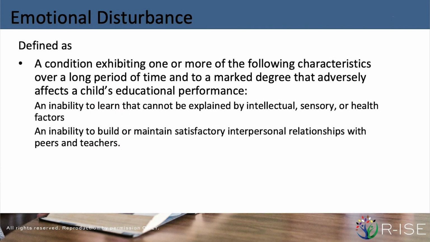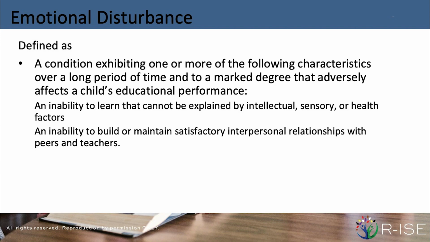For a child to be identified with an emotional disturbance, a child must have a condition exhibiting one or more of the following characteristics over a long period of time and to a marked degree that adversely affects the child's educational performance.